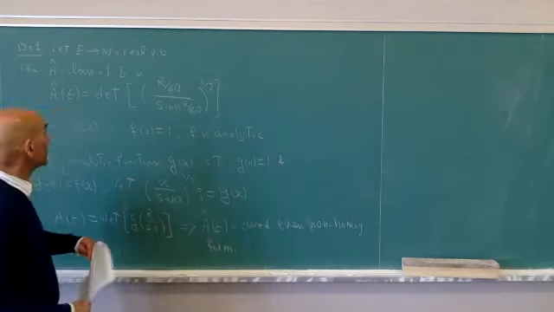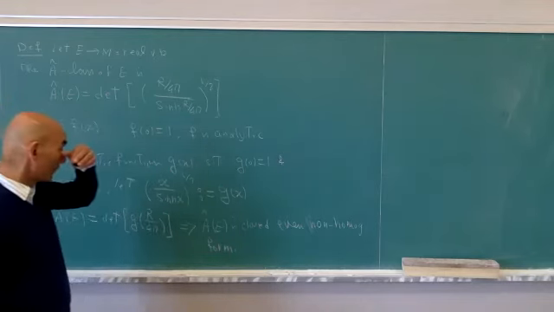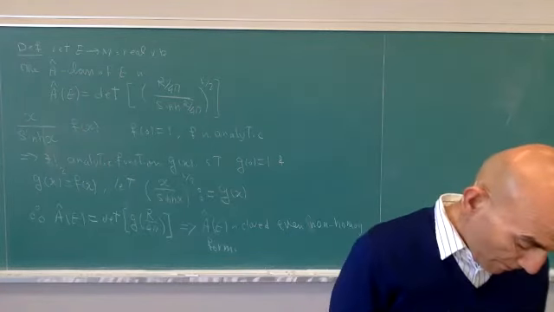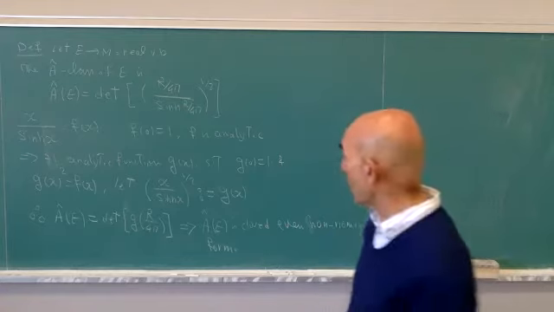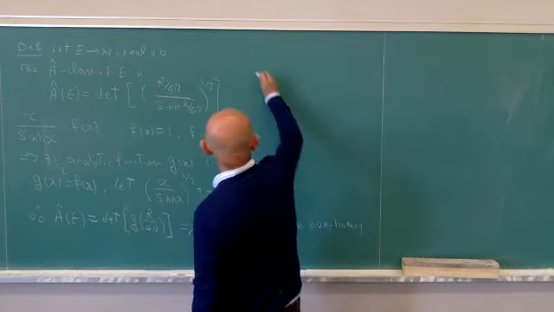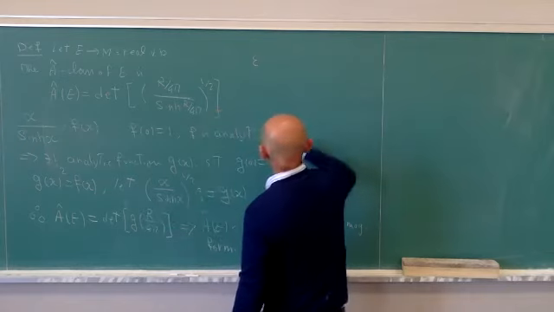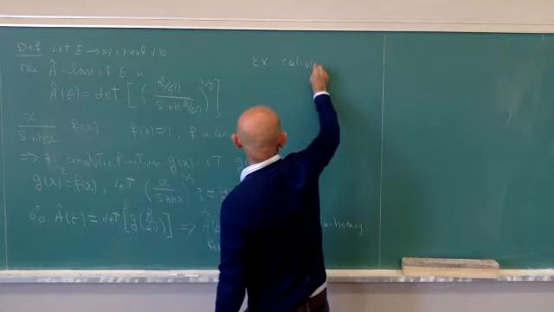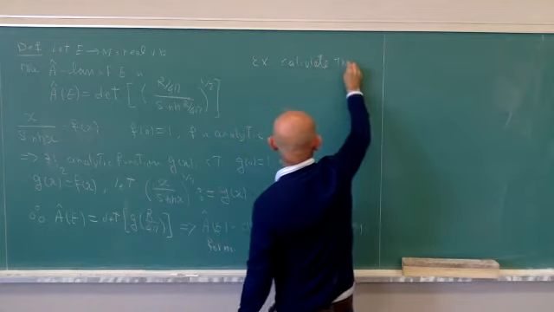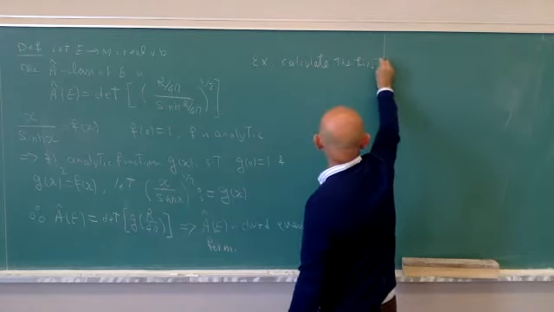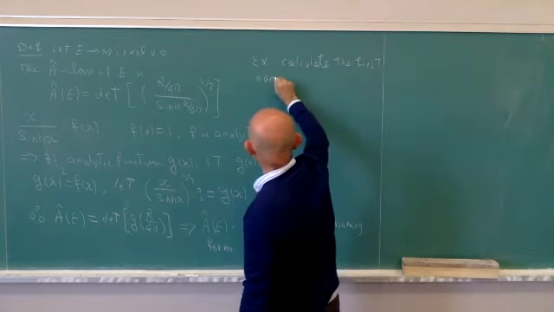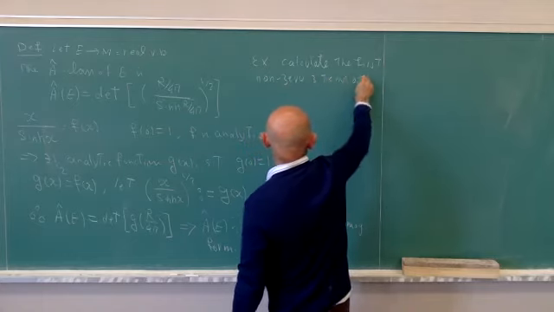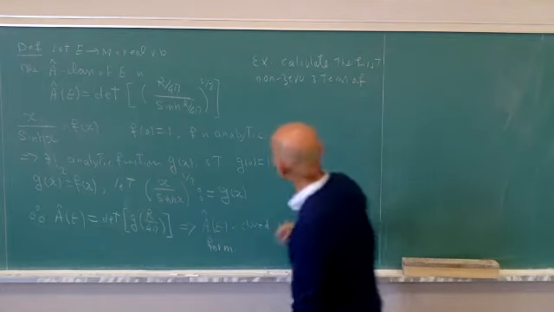Okay, so this is the A roof genus of this vector bundle. Now, a nice exercise here is to actually calculate this function g of x. This is again easy, but it's good to do. Calculate the first three non-zero terms of g of x.